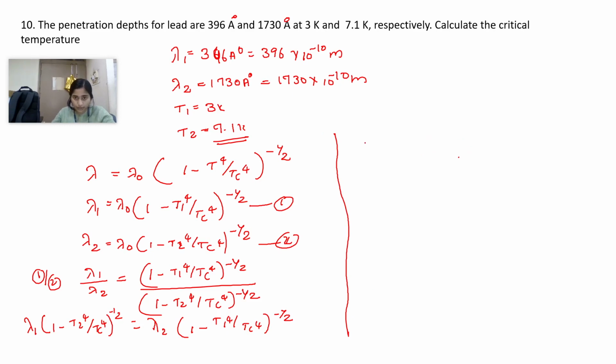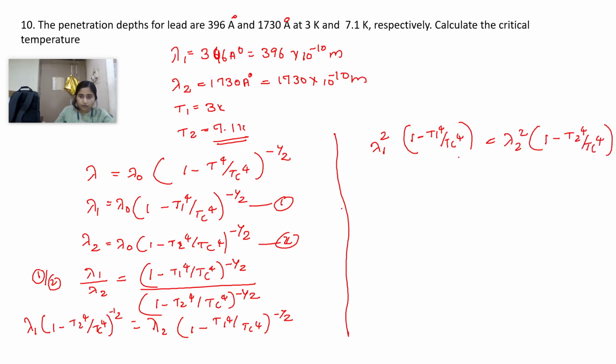Take the square, and the minus 1 will become plus 1 when compared on the other side. So our equation will be lambda 1 square times (1 minus t1 power 4 divided by tc power 4) is equal to lambda 2 square times (1 minus t2 power 4 divided by tc power 4).